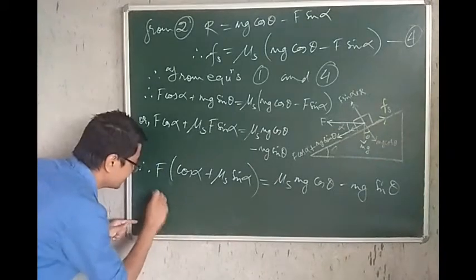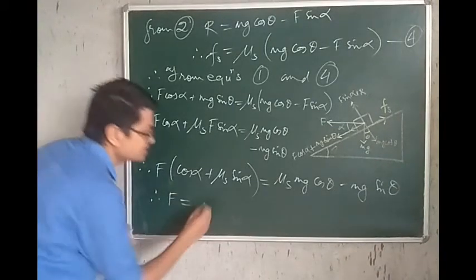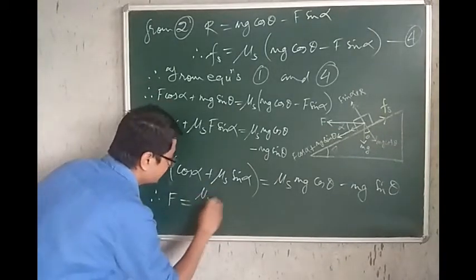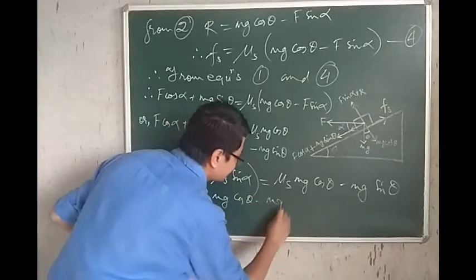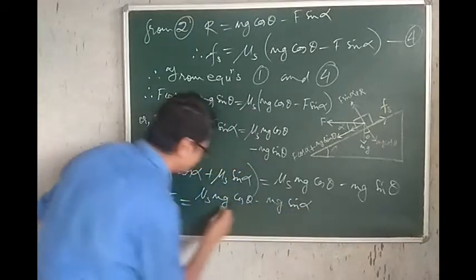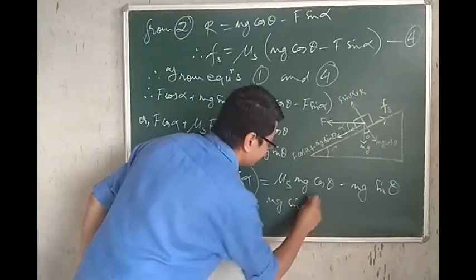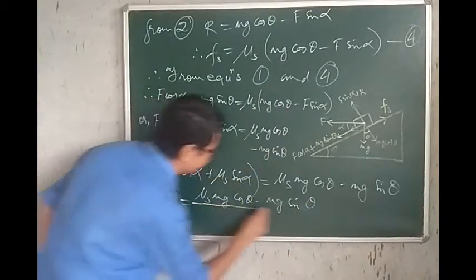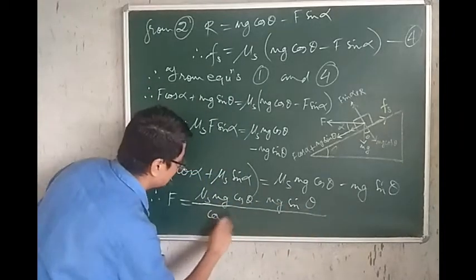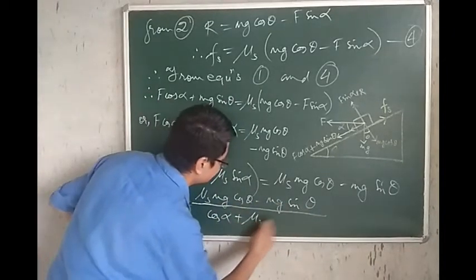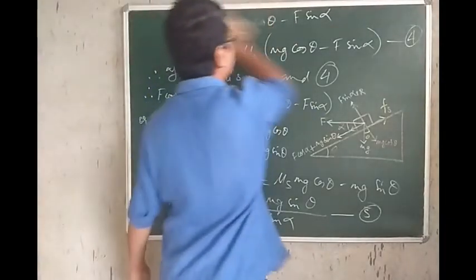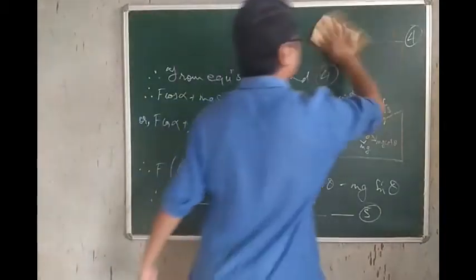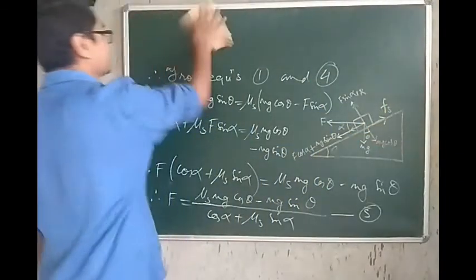So from here we get F is mu_s into mg cos theta minus mg sin theta, not alpha, sorry, theta, divided by cos alpha plus mu_s sin alpha. So let me erase this part now. My board is not very big.